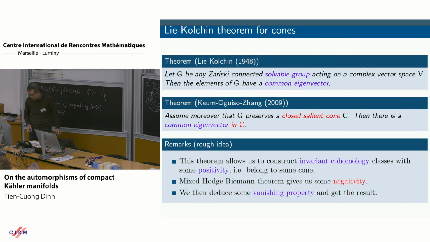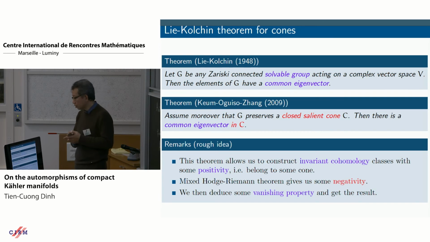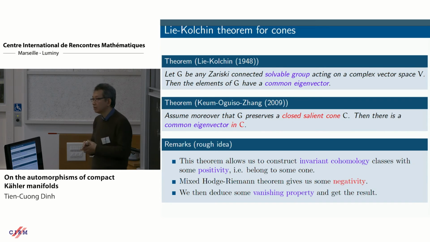Okay, so now we have enough technique to have a rough idea of the proof. The rough idea is the following. We have the action of the group on cohomology, and you have some invariant cones like the nef cone, the pseudo-effective cone and so on. According to the Khovanskii-Ogiso-Zhang theorem, we can produce an invariant class in this group.